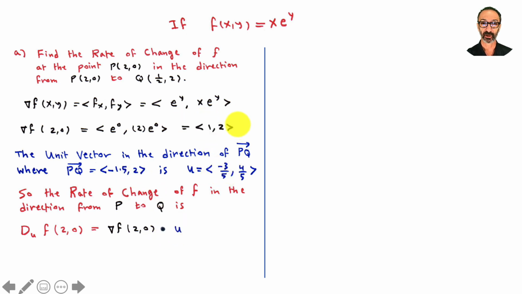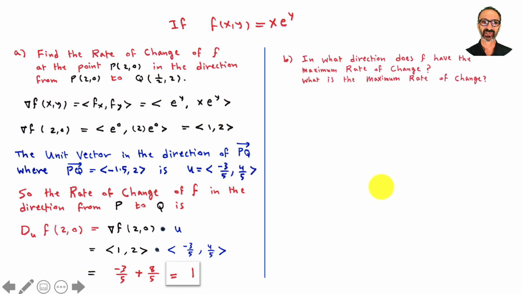This is the gradient, and this is a unit vector. We just do the dot product and take care of it. Negative 3/5 plus 8 over 5, which adds up to 1. 8 and negative 3 is 5. 5 over 5, which is 1.